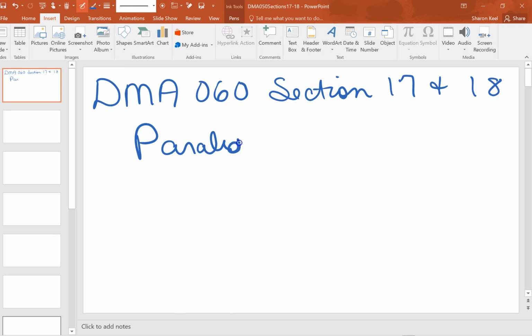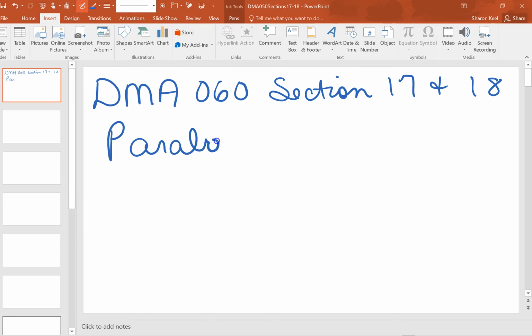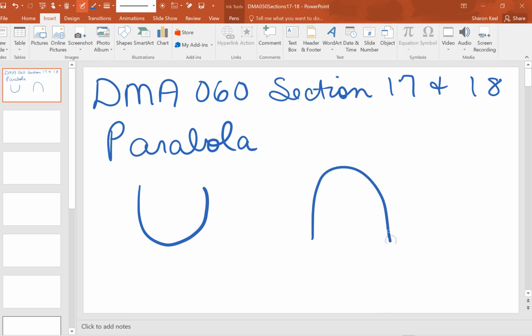A parabola is going to be a figure that looks like this or like this. Let me do that again. A parabola is going to look like this or like this, okay?